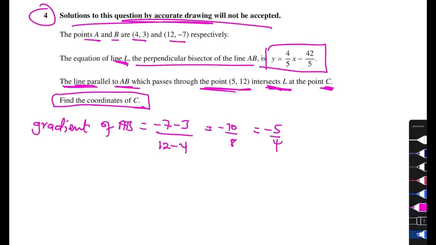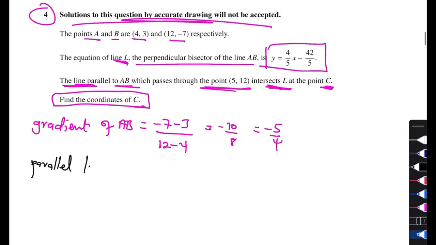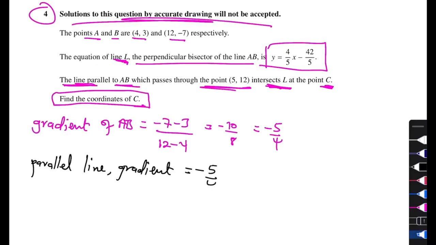Like I said, the parallel line will have the same gradient, also -5 over 4.